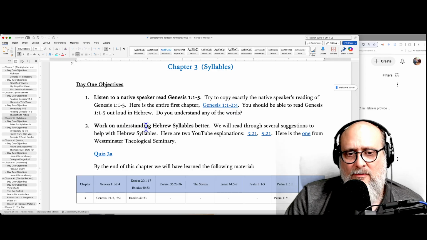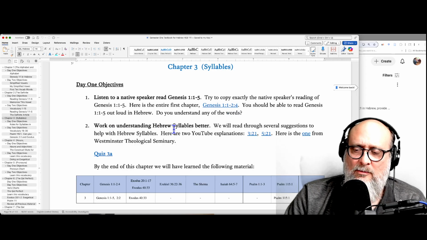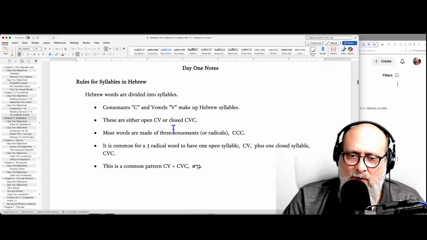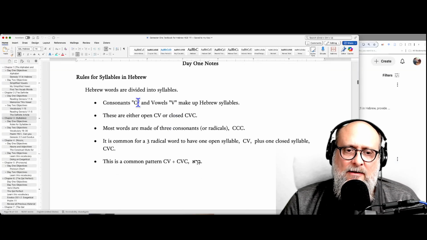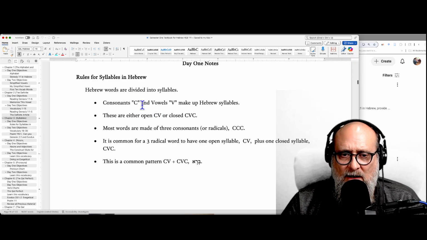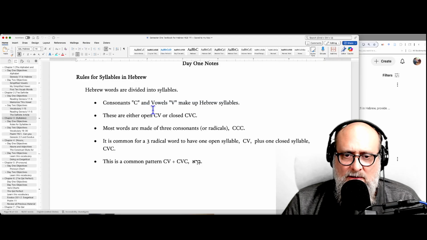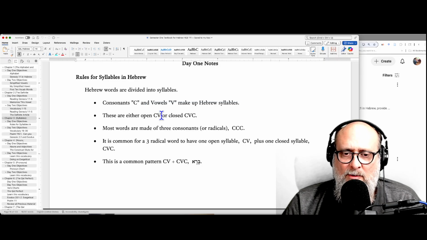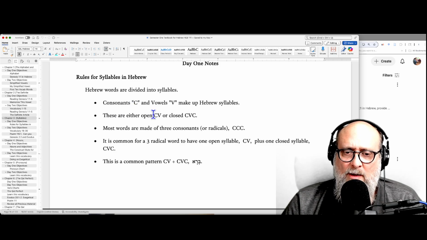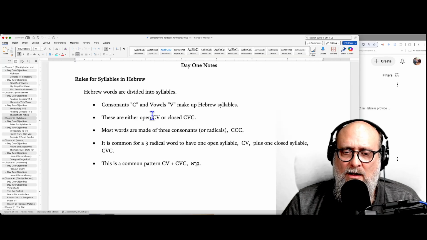In terms of understanding Hebrew syllables better, the thing to understand in Hebrew is that if you think of this as a C representing a consonant and a V representing a vowel, and I know we're reading from left to right, but if you do it that way, you have either an open syllable or a closed syllable.